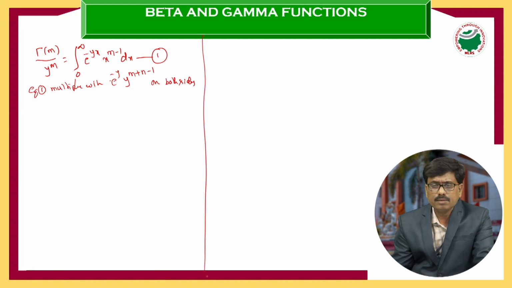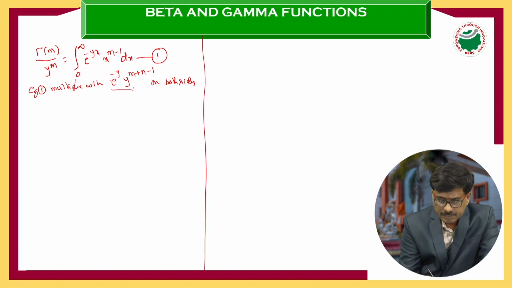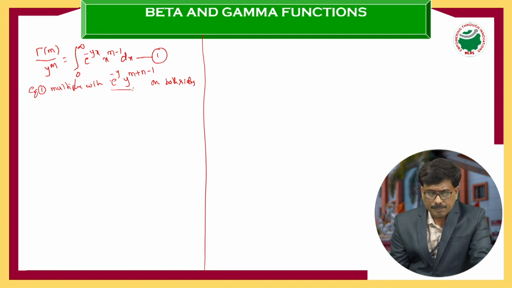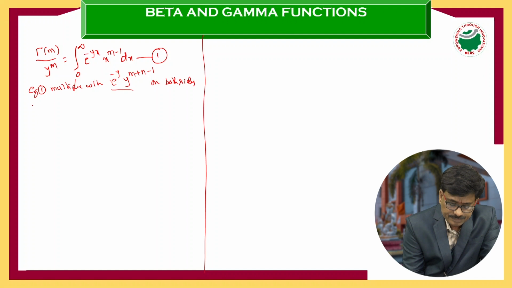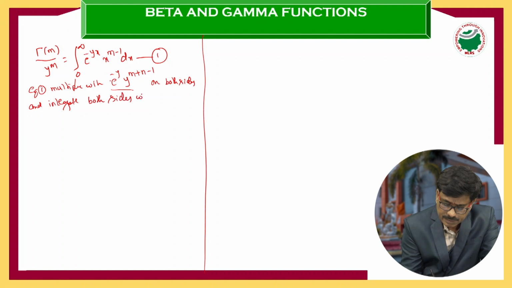I am going to multiply both sides by what? E power minus y power m plus n minus 1. And also I am integrating both sides with limits y equal to 0 to y equal to infinity.